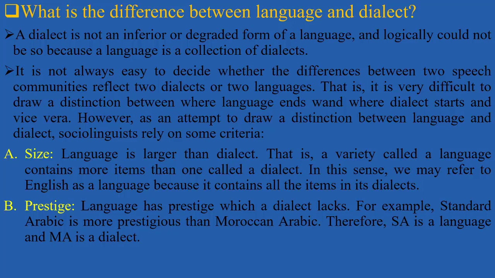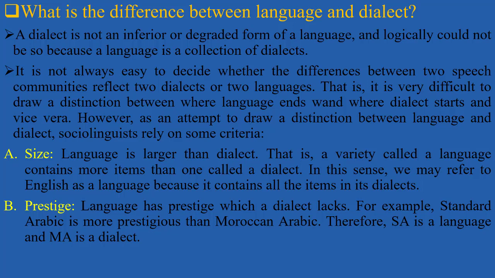The first one is size. So these are the criteria to distinguish between language and dialect. So size, language is larger than dialect. That is, a variety called a language contains more items than one called a dialect. In this sense, we may refer to English as a language because it contains all the items in its dialects.